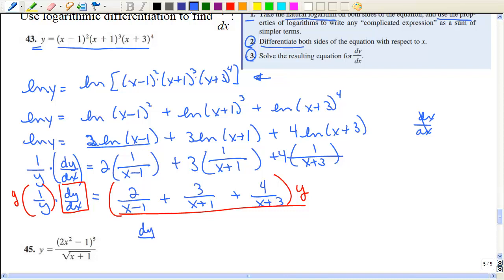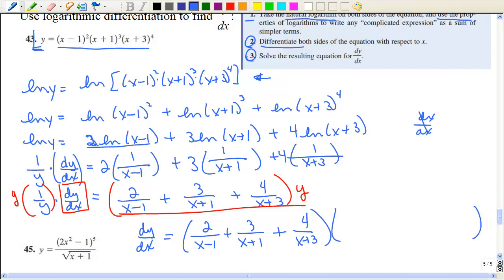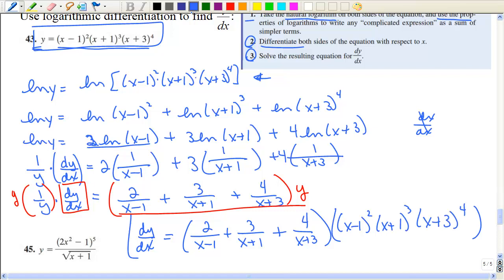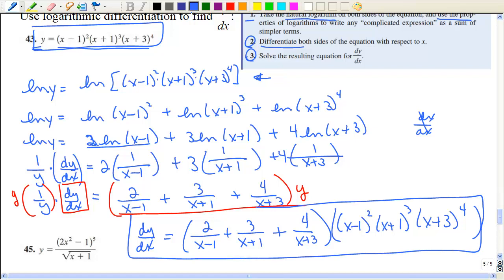So we're going to have dy/dx equals all of that times y. y was the original problem. And you can leave your answer just like that. You could do a lot more simplification, but let's not.